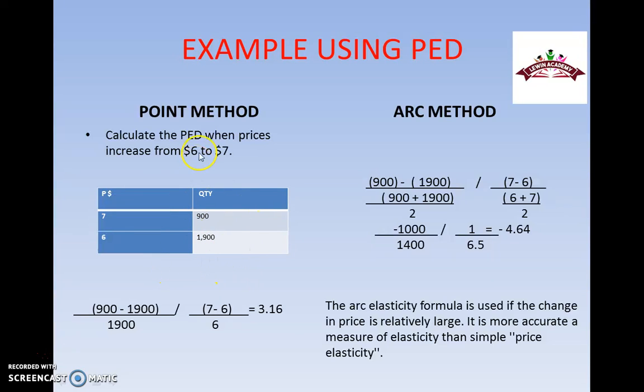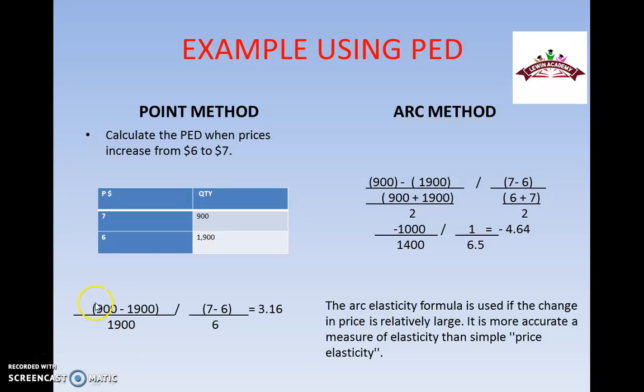We label the $6 as P1 and the $7 as P2. The quantity at $6 was 1,900 units, and the quantity at $7 was 900 units. Let's see what the elasticity is and measure how responsive consumers are.